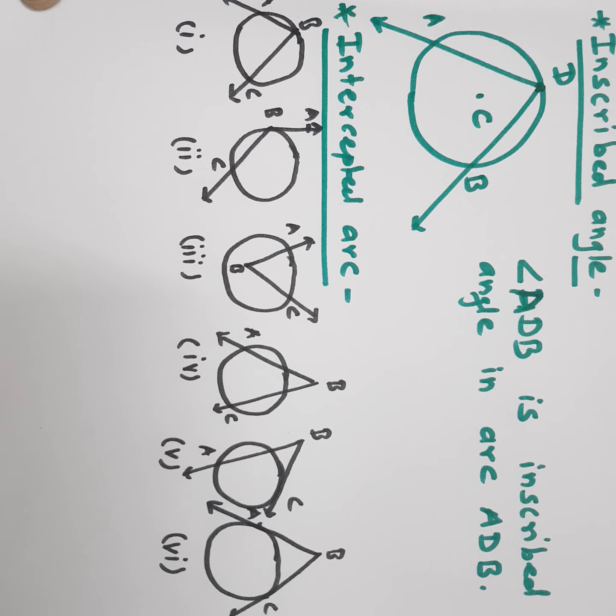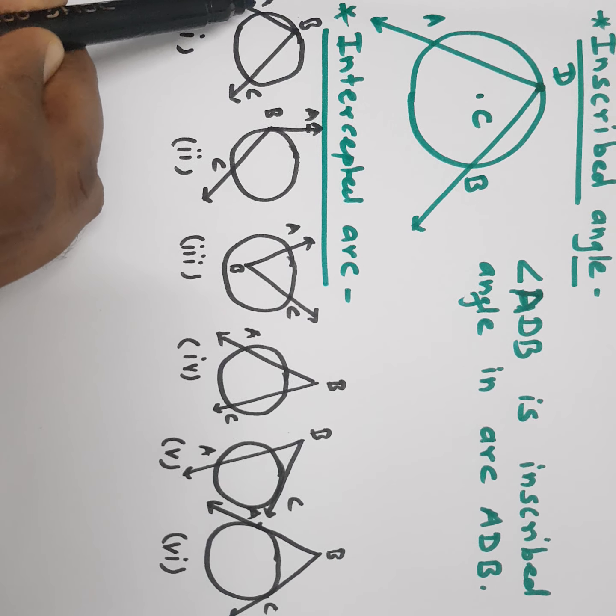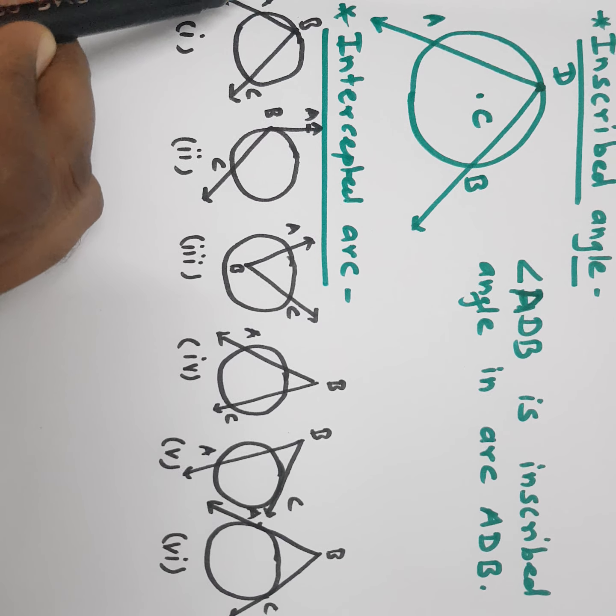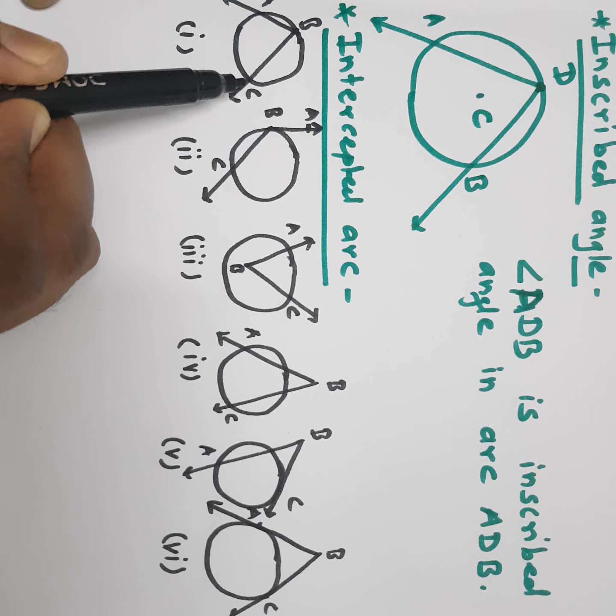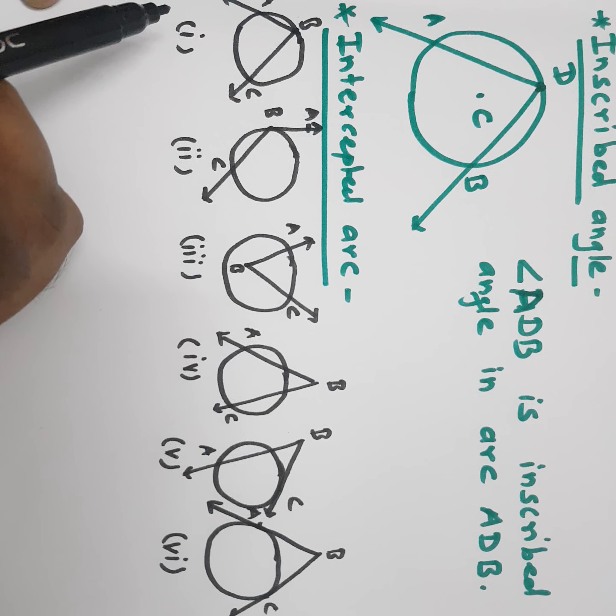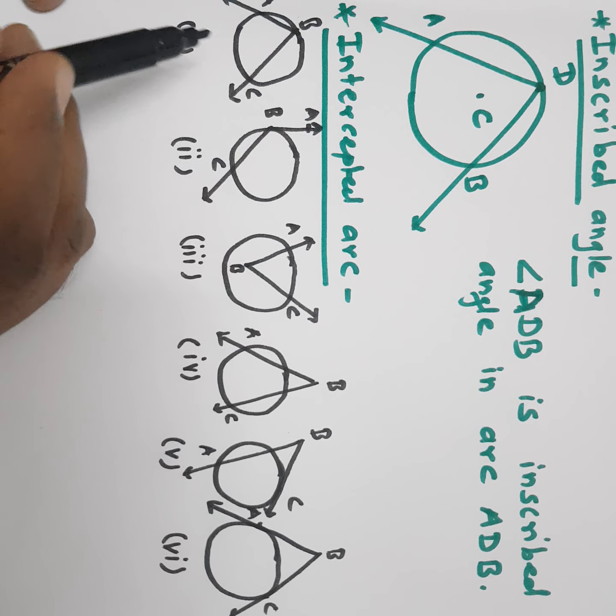In each figure the arc of a circle that lies in the interior of angle ABC is called the intercepted arc by angle ABC. Here is angle ABC and this arc AC is in the interior of the angle.